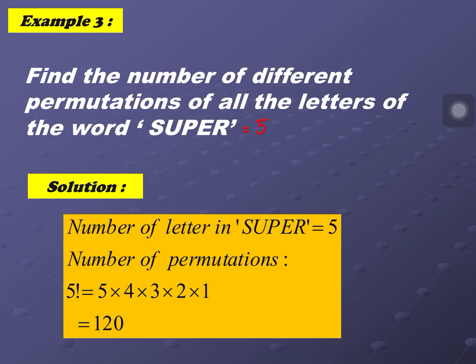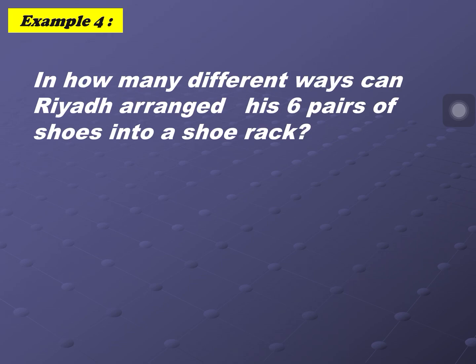So the solution is, the number of permutations is 5 factorial, starting with the number 5 because the number of letters in super is 5, times 4 times 3 times 2 times 1. It's decreasing. So the number of ways is 120 ways.